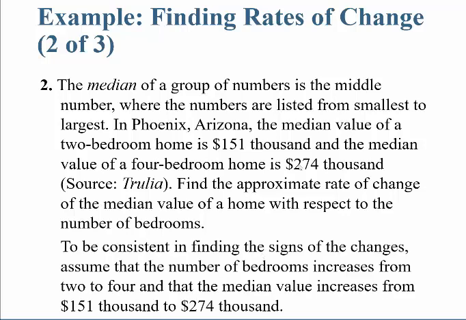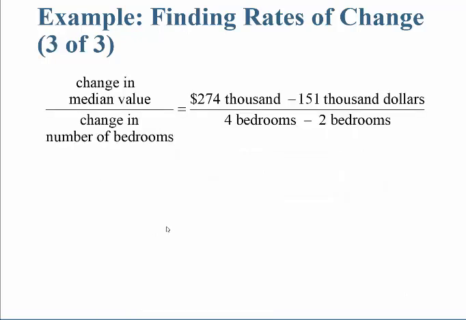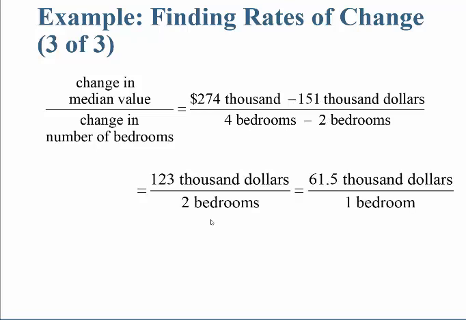With respect to the number of bedrooms, that is going to be in the denominator. To be consistent in finding the signs of the changes, assume the number of bedrooms increases from 2 to 4 and the median value increases from 151,000 to 274,000. So the change in the value of the median home is 274,000 for the 4 bedroom minus 151,000 for the 2 bedroom.